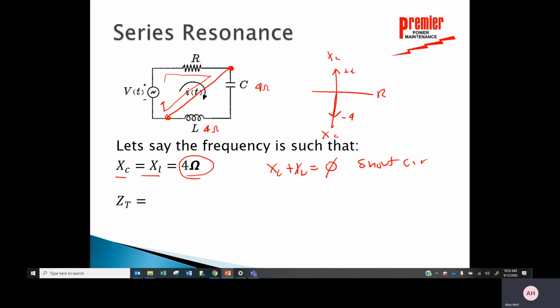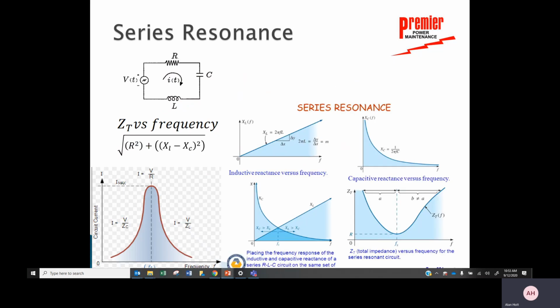So that's series resonance. If I look at the impact there, I can see for various frequencies that various things can change. Here is a plot of the inductive reactance, which is given by the equation 2 pi FL.